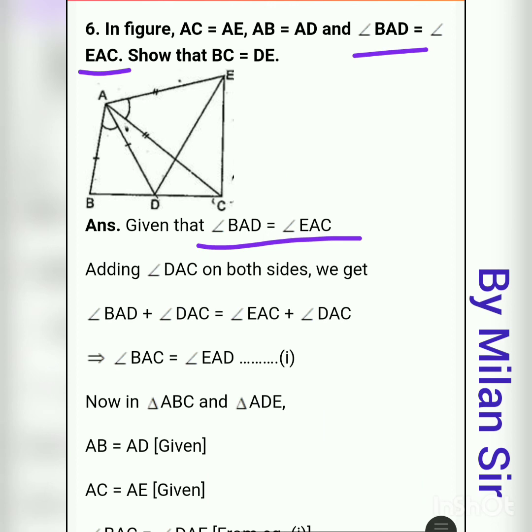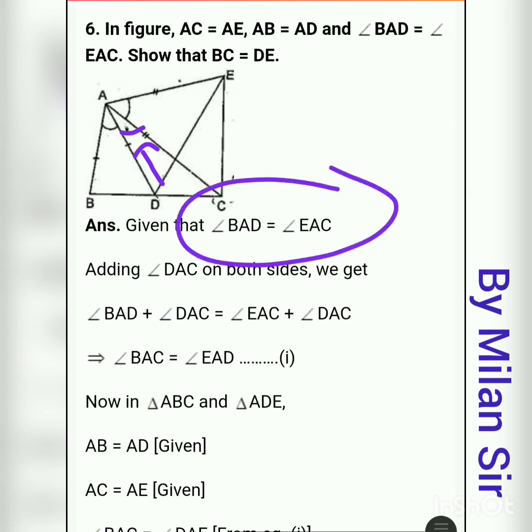Now add angle DAC to both sides. We need to prove the whole angles are equal, and for that we need to add the same part, DAC.